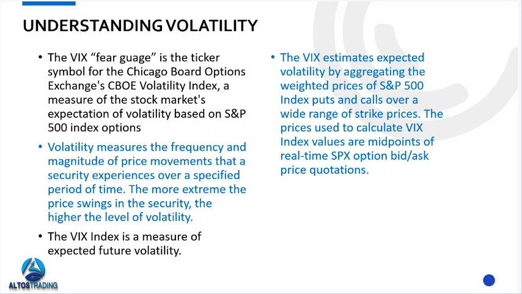What the VIX does is it estimates expected volatility by aggregating the weighted prices of S&P 500 index puts and calls over a wide range of strike prices. And the prices used to calculate VIX index values are basically midpoints of the real-time S&P 500 option bid-ask spread quotations. And that's why it gives us a real-time reading of expected moves in the market.